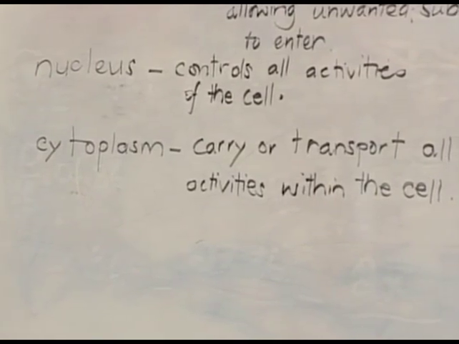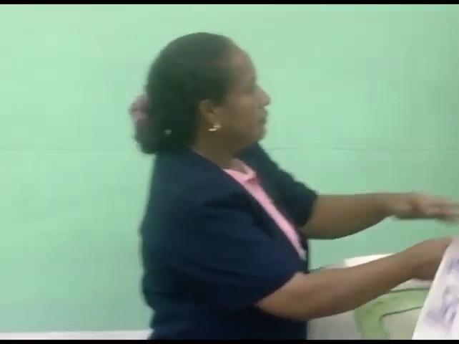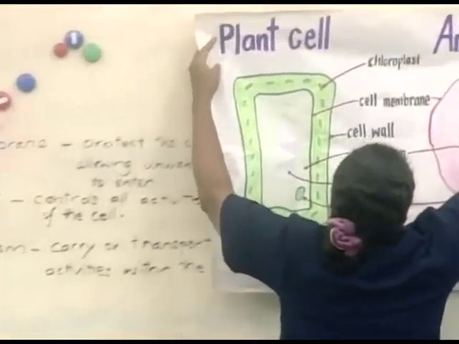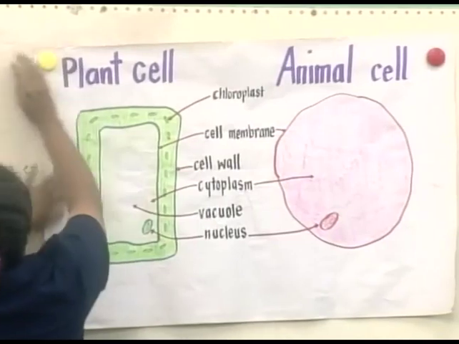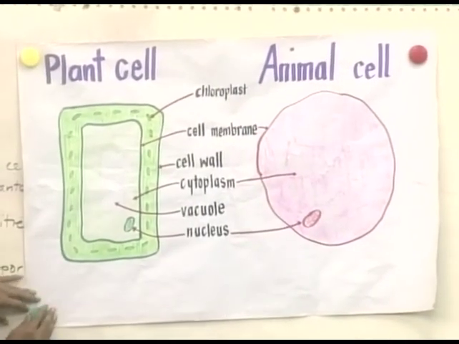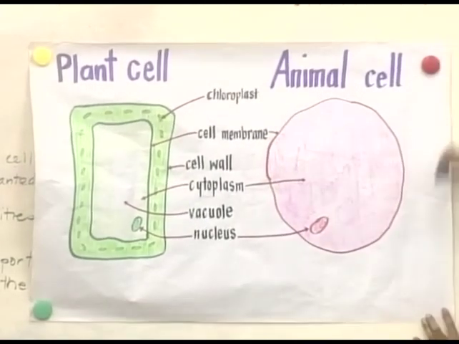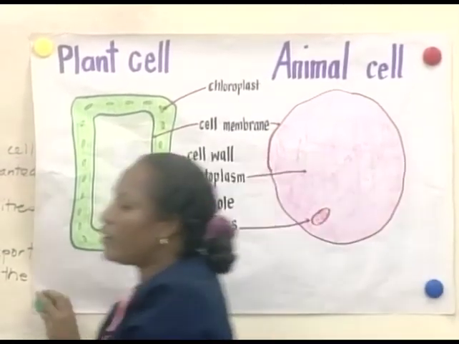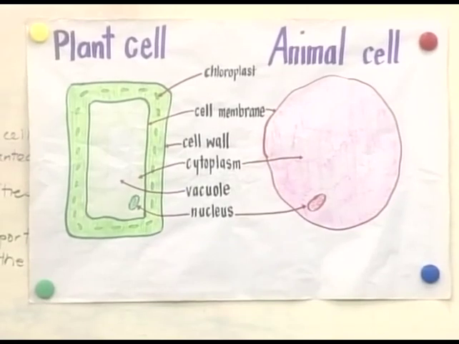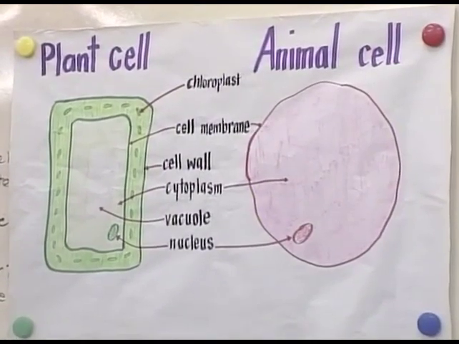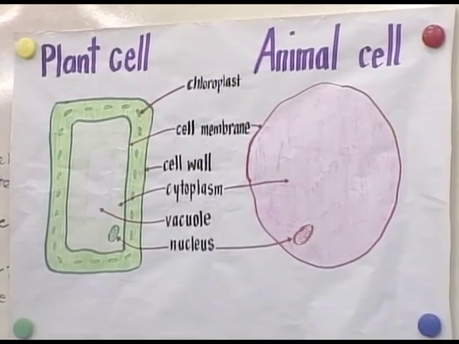All right, class, let's have a look at this poster here. Now we are going to compare the plant cell and the animal cell, and I'd like you to carefully look at the picture and try to see if you can see some differences.